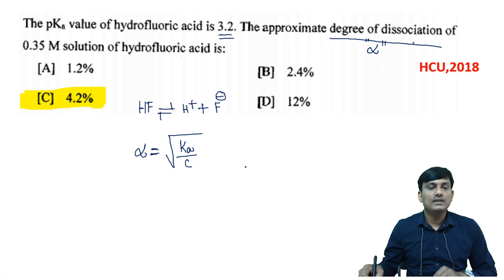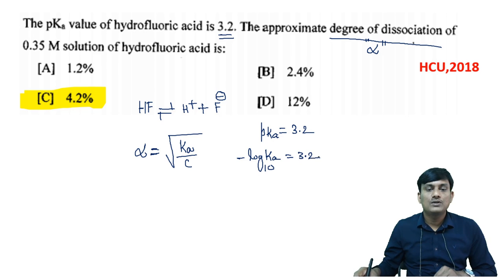Here pK is equal to 3.2. We know pK is minus log Ka base 10, which is equal to 3.2. So Ka is equal to 10 to the power of minus 3.2.